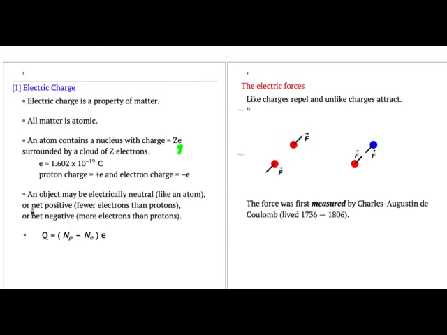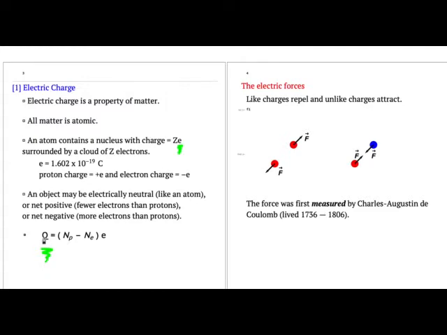Or it may be net positive if there are fewer electrons than protons. Or it may be net negative if there are more electrons than protons. We'll use the letter Q to stand for the charge of a macroscopic object.